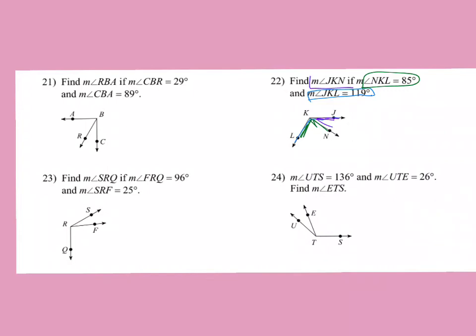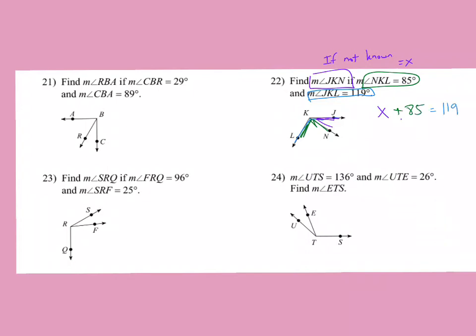And then JKN. Notice they don't tell me that, so if I don't know, I'm going to call it X. So I have X, and notice the purple and the green together make the blue. So I'm going to say X plus 85 equals 119.